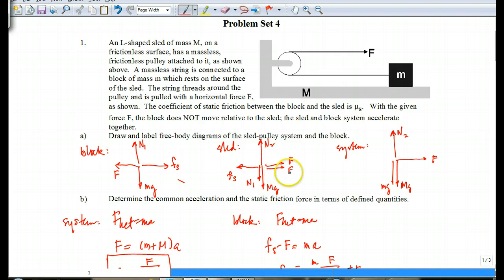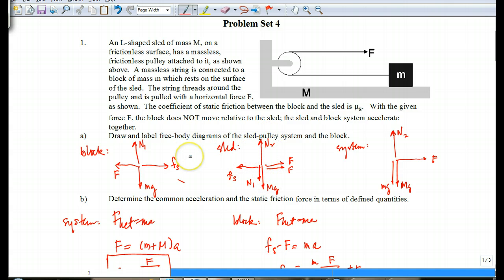Now for the forces acting on the sled. There are actually two strings attached to the sled, the top string and the bottom string, each with the same tension, F. Tensions are the same because they're the same string. Of course, there are up and down forces, and those are going to cancel.